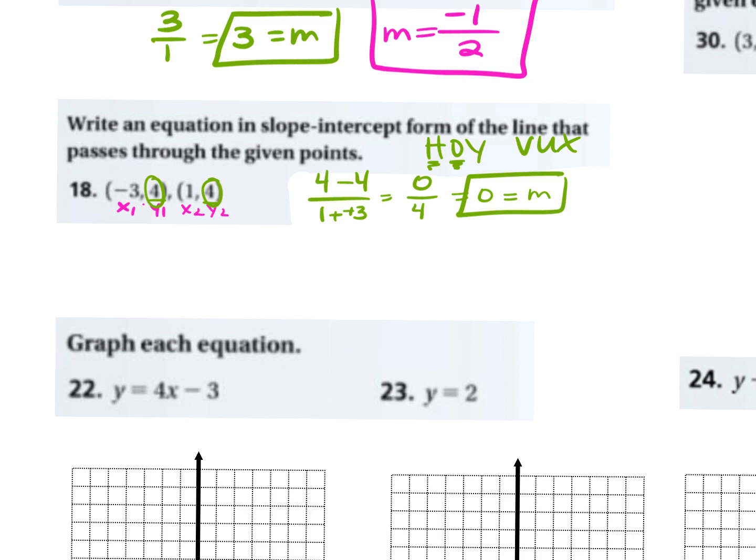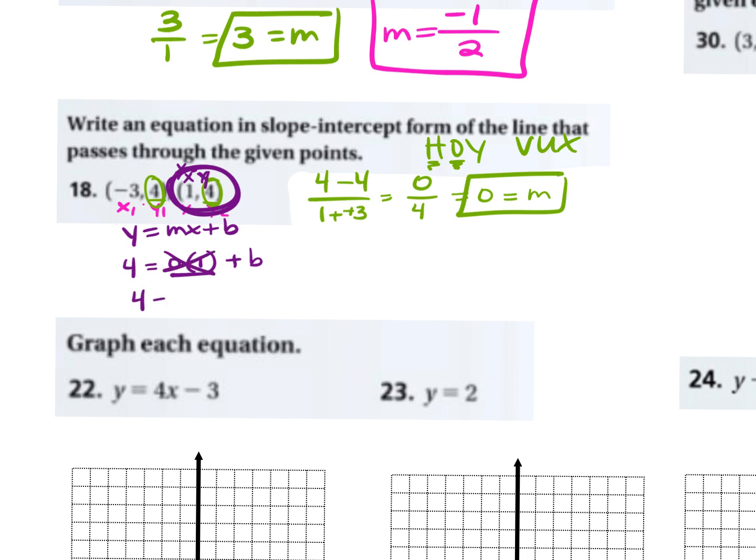But if you don't remember that, that's okay, because what you can do is still just take a point, I'm going to use the second one here, and plug it into slope-intercept form. So slope-intercept is y equals mx plus b. So if I plug in this as my x and my y, 1 and 4. So 4 equals the slope of 0 times the x value of 1 plus b. This is 0.